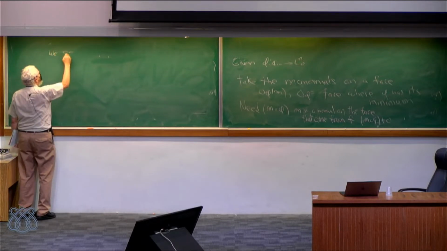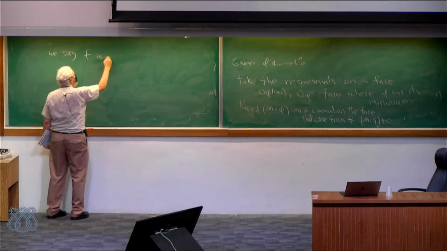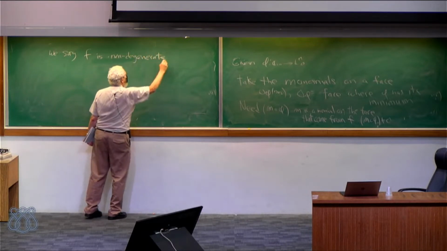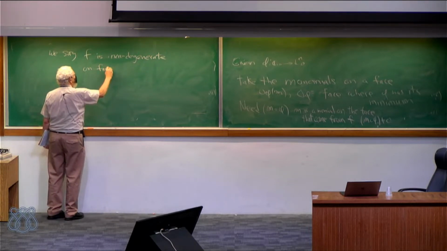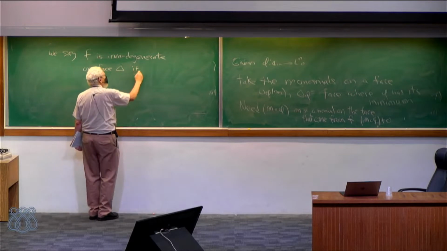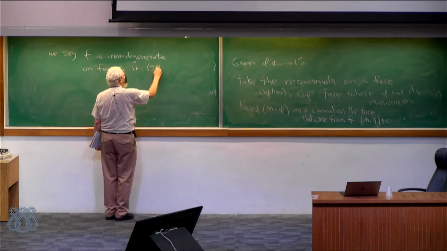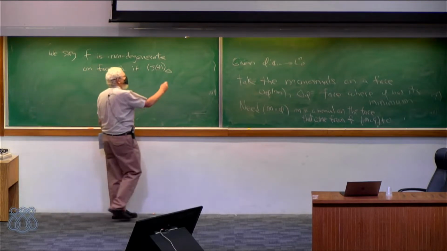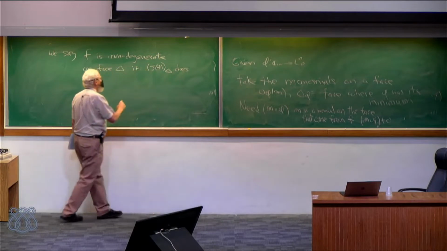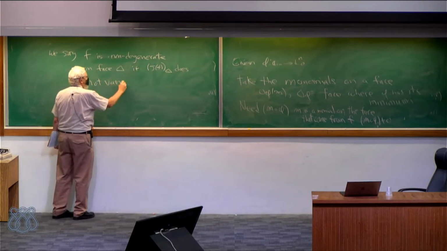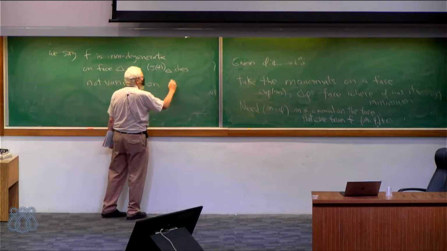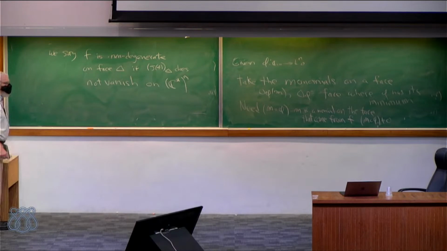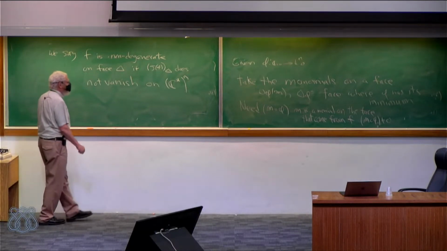So we say that F is non-degenerate on the face delta if the part of JF on delta does not vanish. So let's try our example out.